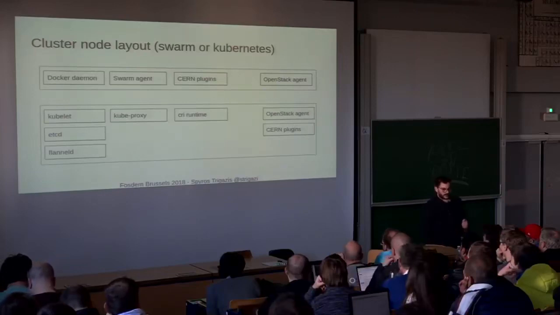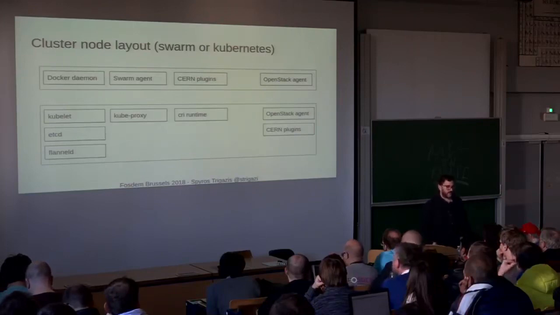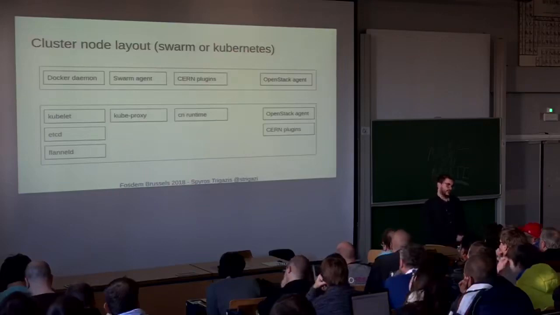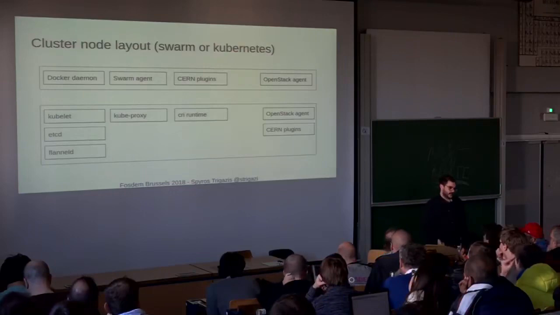So if you want to start this Docker container, there is a deadlock there. So what we want to do is to start etcd in a different way, as a container managed by systemd, and then deploy the Swarm cluster.